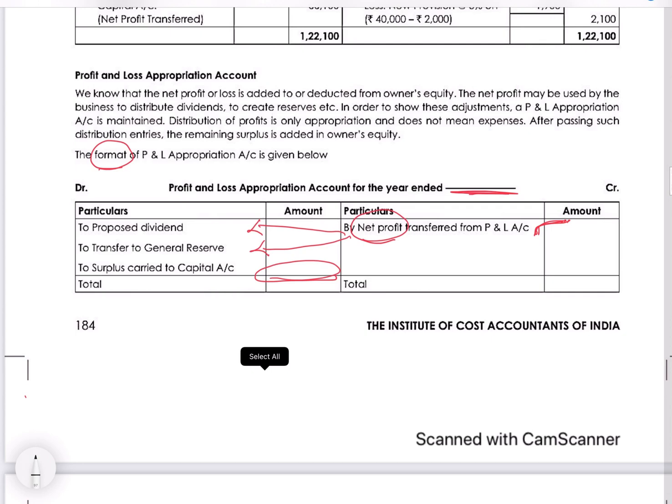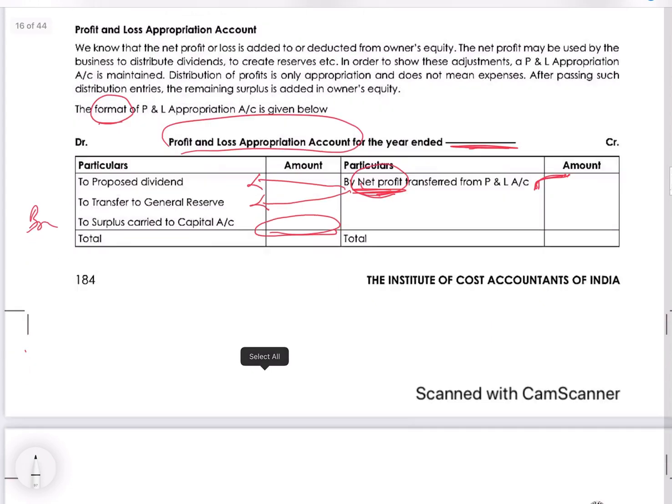So the P&L appropriation account is just like a breakup of net profit: how it has been utilized, where it has been transferred, and how much dividend has been given. That picture we get from the P&L appropriation account.